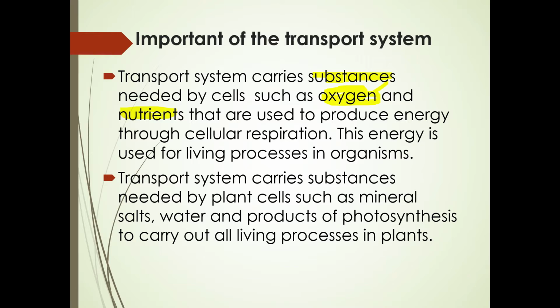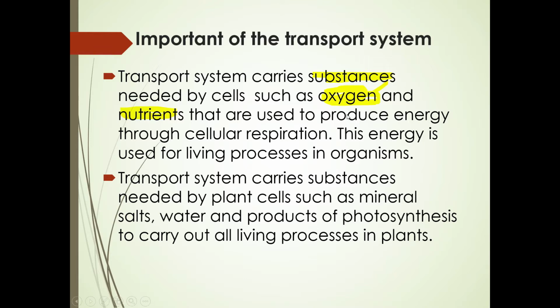So that is the function of the transport system. It's not just for transporting oxygen, but it also transports the nutrients, the food that we eat that has already been broken down to a simpler form. That one you already learned in Form 2. They are used to produce energy through cellular respiration.